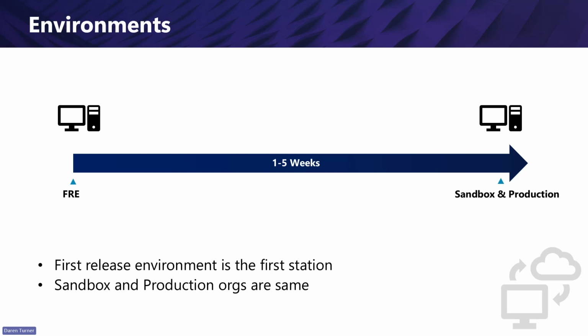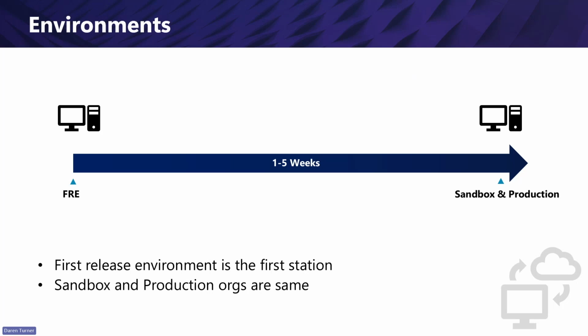And it really is a preview into the Microsoft changes. So if we're releasing bug fixes and patches and things like that, first release is going to be the first station or the first set of environments that get those latest builds. And if you're in North America or EMEA, it could be up to 4 to 5 weeks earlier than you get it in your production environment.